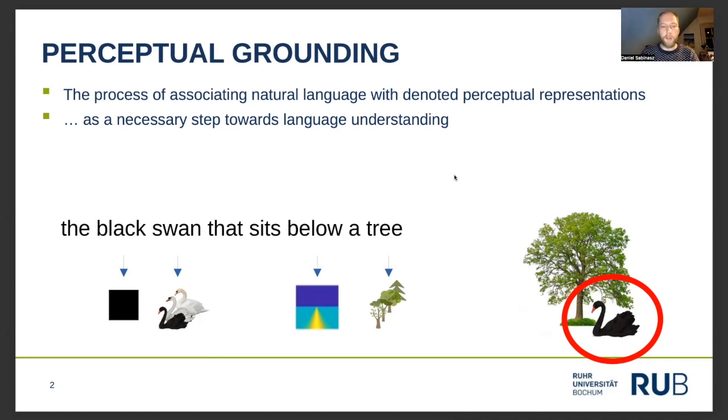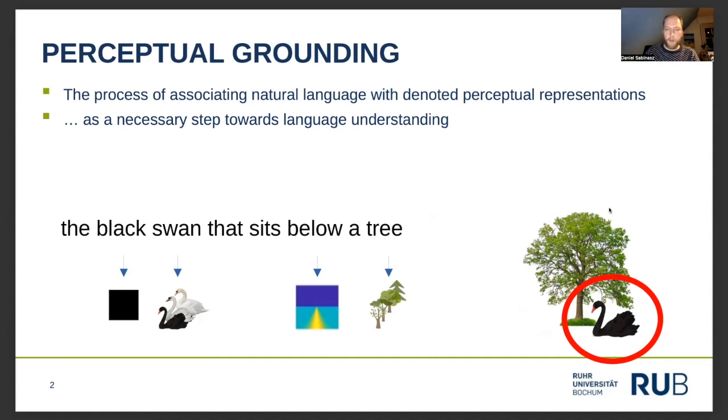I wouldn't go so far as to say that that is all that there is to language understanding, but it's definitely an important component, because in communicative situations, we can only understand what the speaker means if we understand both the concepts that are denoted by the individual words, and we are also able to attend to the object that the person is talking about.